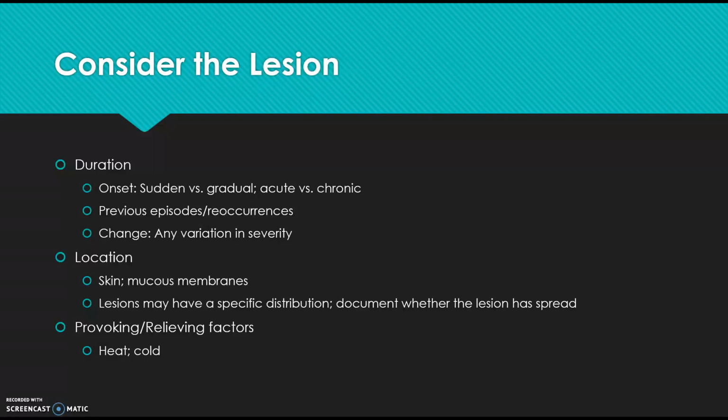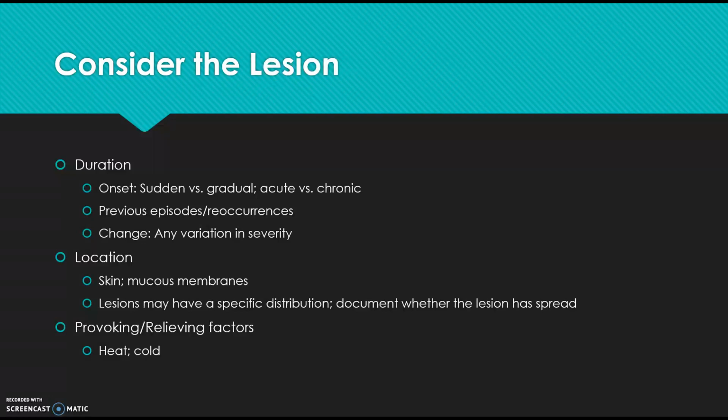Also consider where the location is. Is it on the skin or is it along mucous membranes? It's important to consider the site of the lesion because things like eczema tend to be on flexure surfaces, where psoriasis may be on extensor surfaces, more likely. And then you want to look at lesions that have a specific distribution, such as in sweaty regions or in areas that are exposed to the sun.